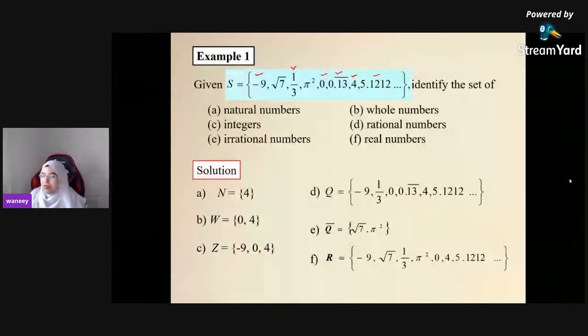Okay, so now how many of you get everything correct? I want to check berapa orang yang dapat betul semua.